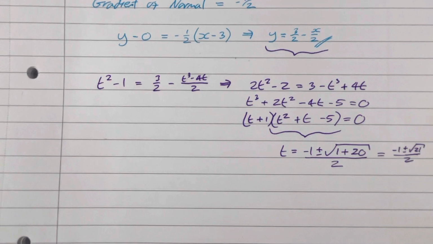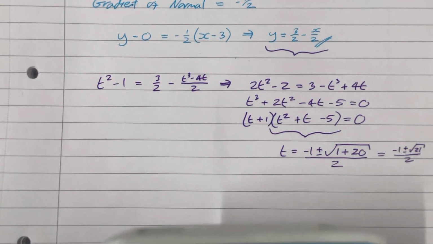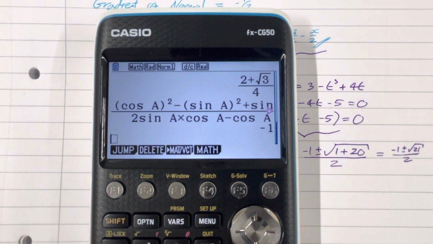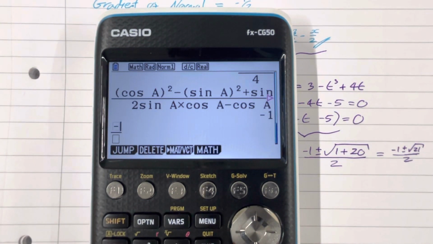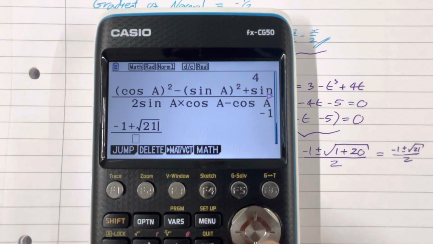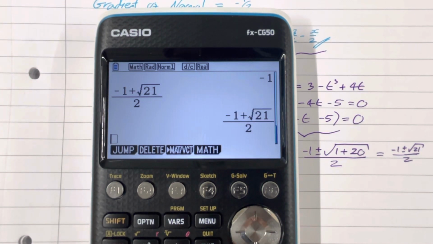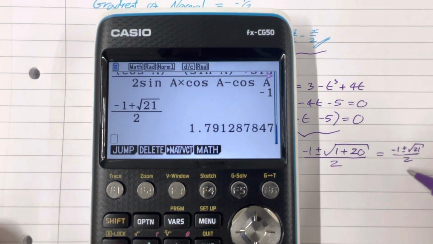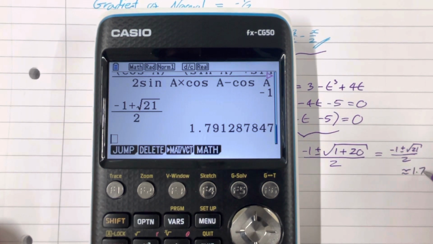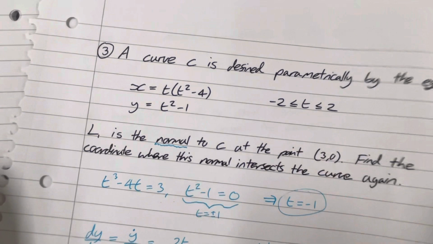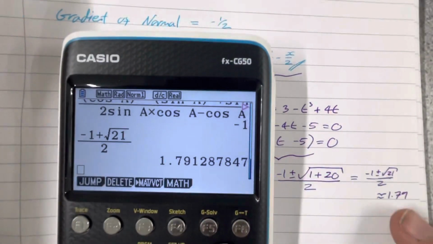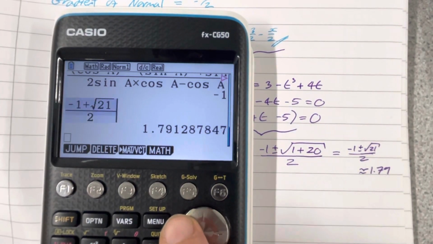Let's check which of those is right, because the normal definitely only intersects the curve at one point. Minus 1 plus the square root of 21 over 2 is about 1.7. That's in range. We're told back in the question that t was between minus 2 and 2. So that's valid.